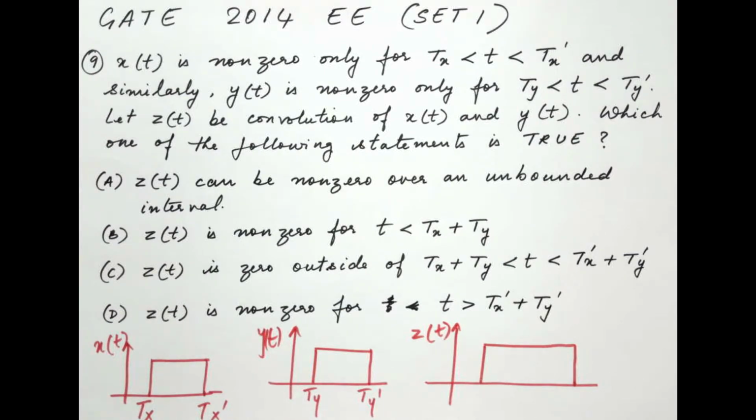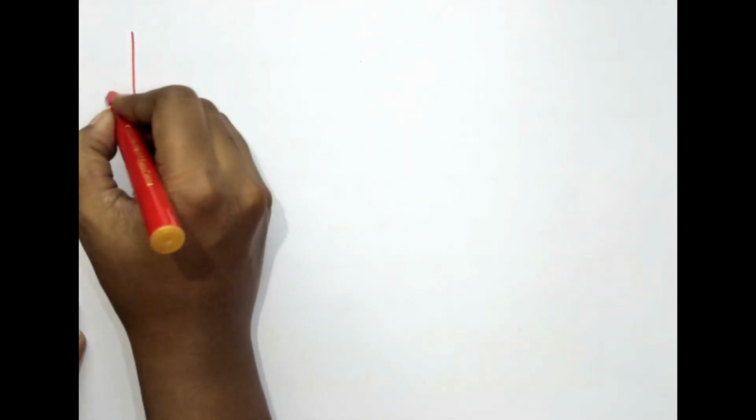Now, take note that the range of z of t would be the sum of the lower limits of x of t and y of t to the sum of the upper limits of x of t and y of t. Let me explain what I mean. I'm going to draw those 2 graphs once again so that it is a little clearer.